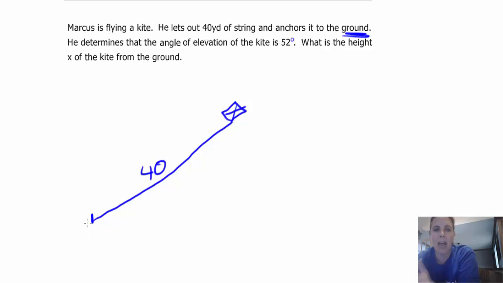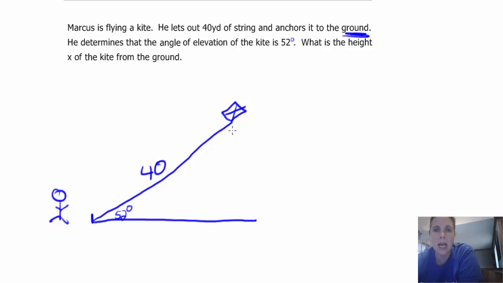So remember, we have to have a horizon. Since it's anchored to the ground, the horizon or horizontal is on the ground. He's standing over here. In a few minutes we'll do one from the person. So this is our angle of elevation right here, which is 52 degrees.